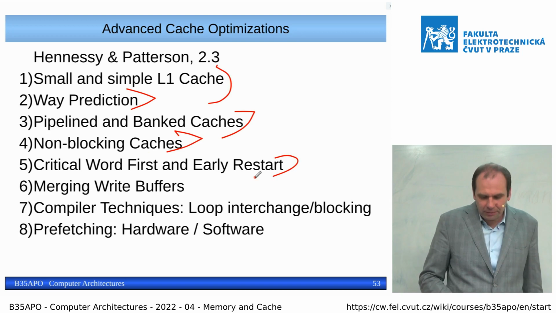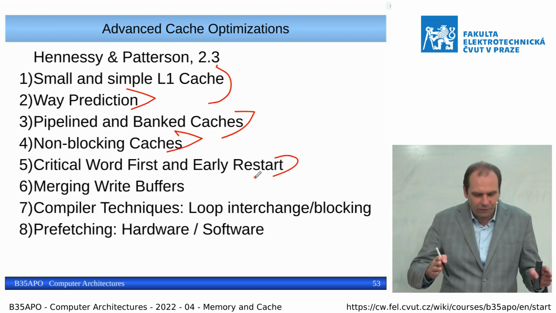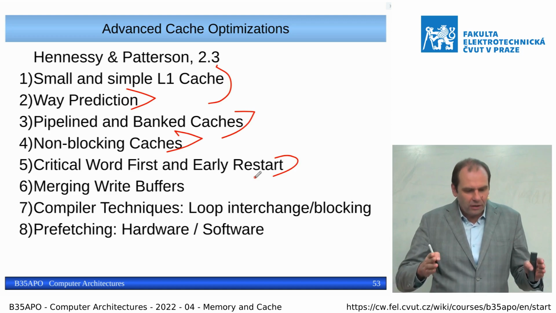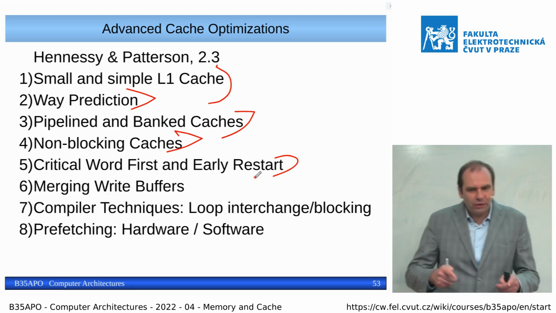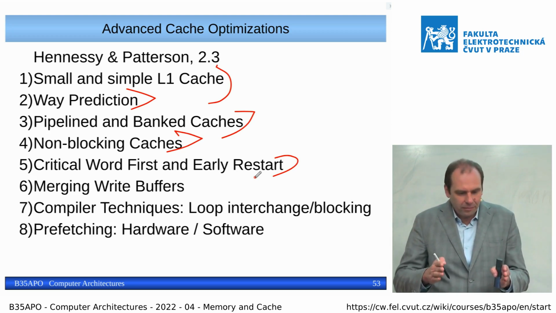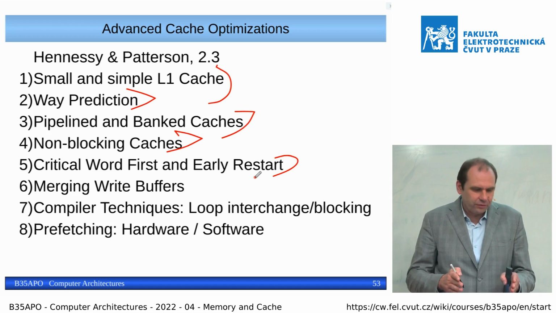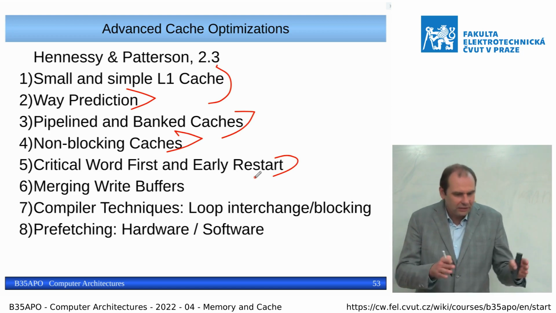Another possibility is critical word first. So if you have, for example, 64 bytes or even more bytes in the cache line, and the actual width of the access to the memory is narrower. It has, for example, 64 bits only, so 8 bytes from that 64 bytes.